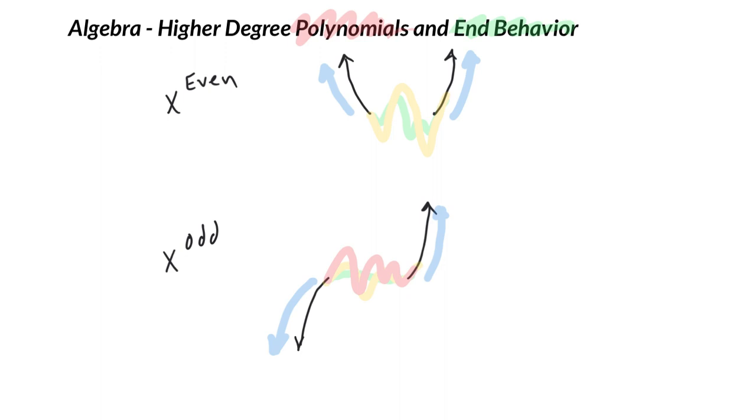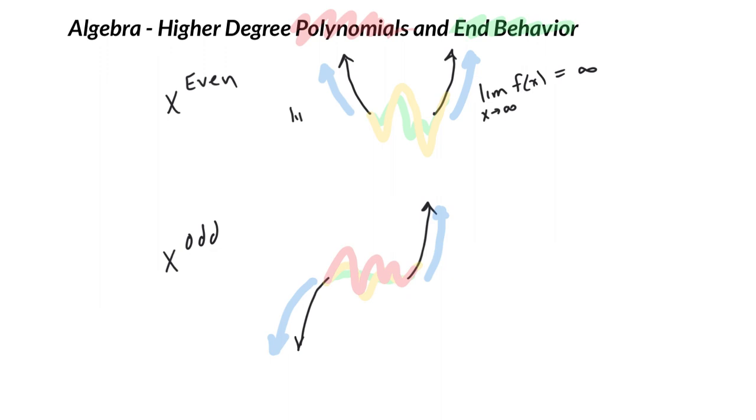Now I'm going to get rid of those for just a second because I want to formalize those ideas of end behavior. We often do this with what's called a limit, and we say if x is going bigger and bigger and bigger, this just means I'm plugging in larger and larger values for x. I'm going out this way, positive. What happens? Well, my function just keeps growing, positive.